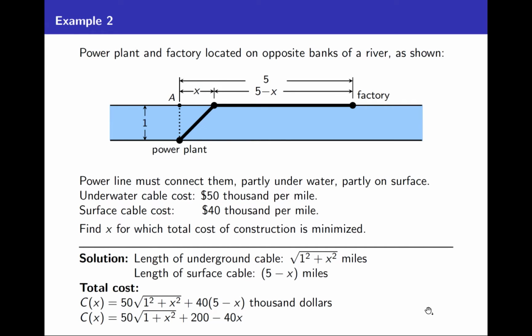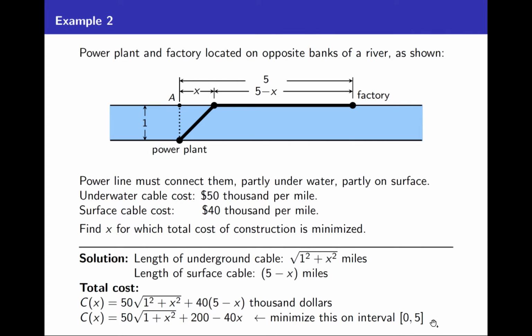So that's a function of x. That's c of x, and that's the function we want to minimize. We want to find the value of x that gives an absolute minimum of cost. So we want to minimize this function on the interval from 0 to 5. Now it's from 0 to 5 because x could be as little as 0, or as big as 5.